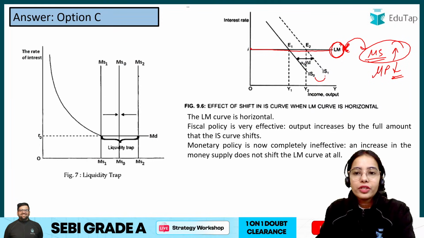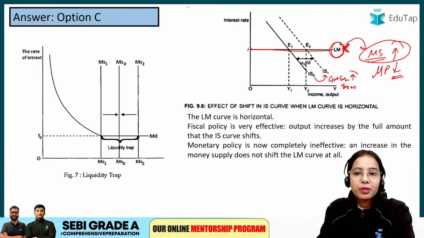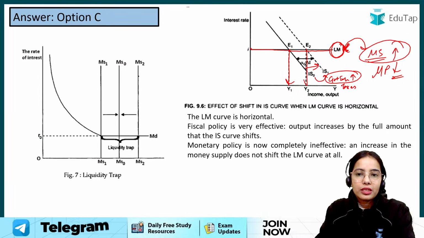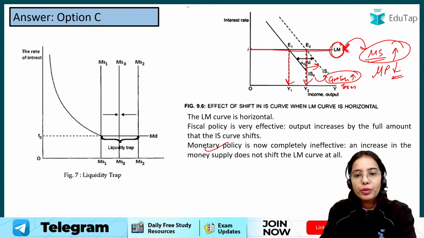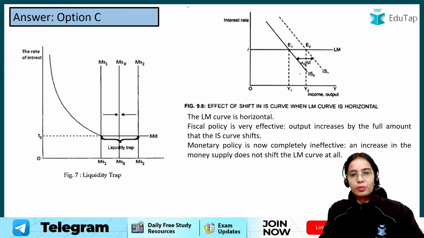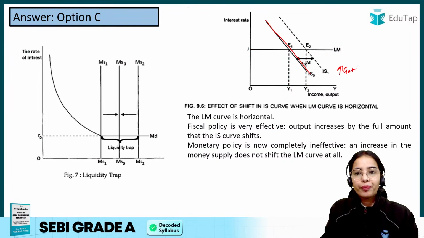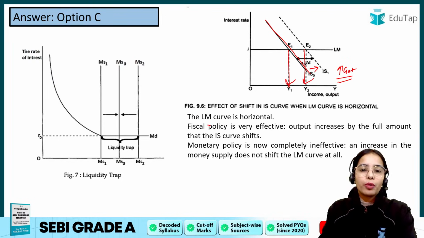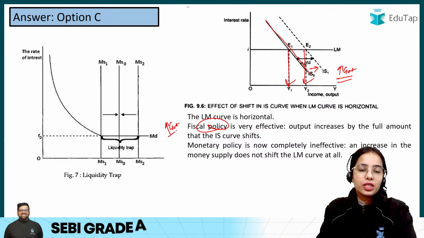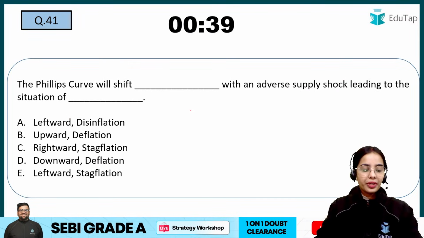But the IS curve depends upon government expenditure and taxes. If government expenditure is increasing, the IS curve will shift rightwards and the level of income will increase. So monetary policy is now completely ineffective because the LM curve is horizontal, while fiscal policy is effective because the IS curve is downward sloping. So fiscal policy, the government expenditure, is effective. Chalo. Now try to answer this question.